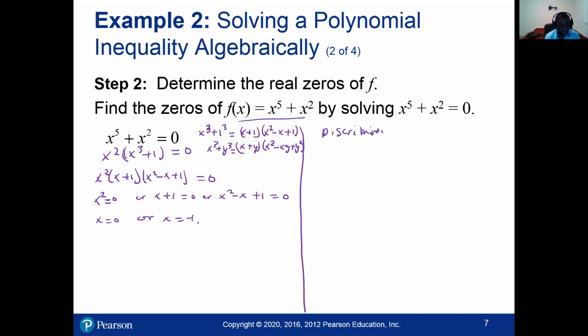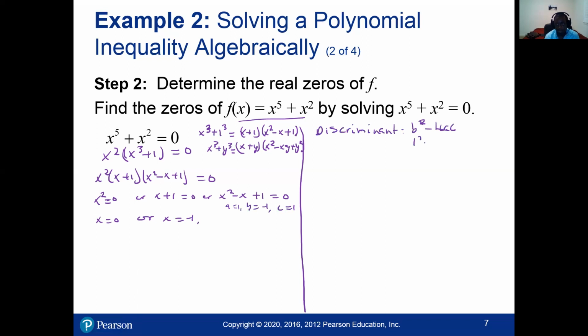The discriminant is b squared minus 4ac. According to this, a is 1, b is negative 1, and c is equal to 1.